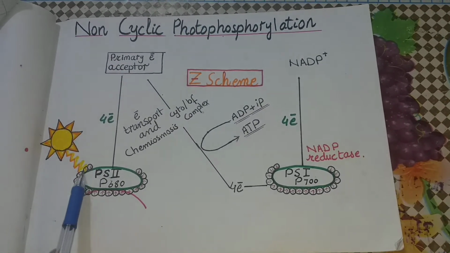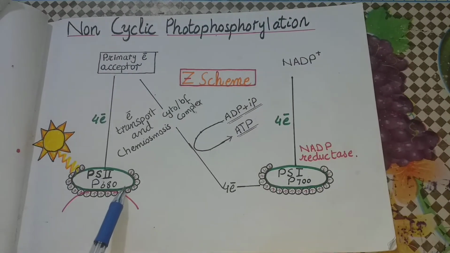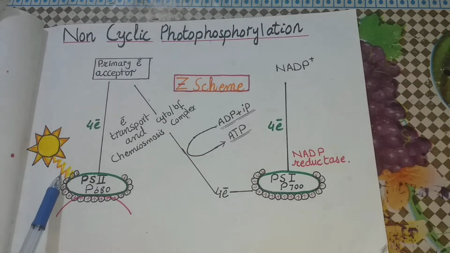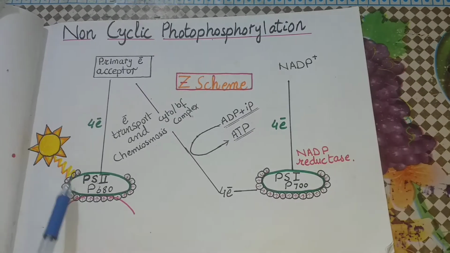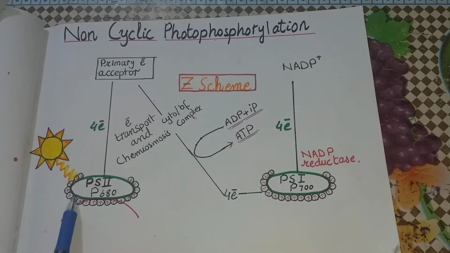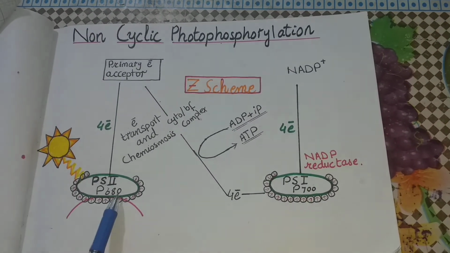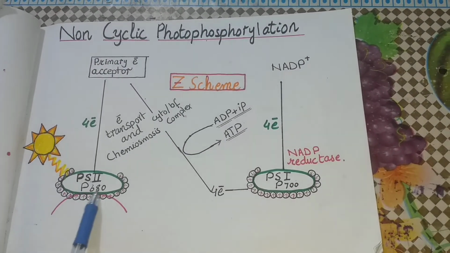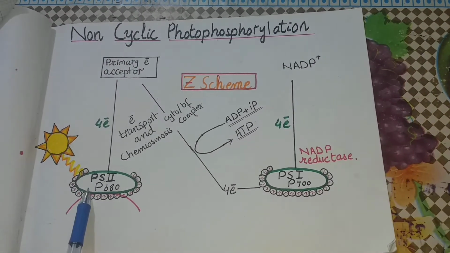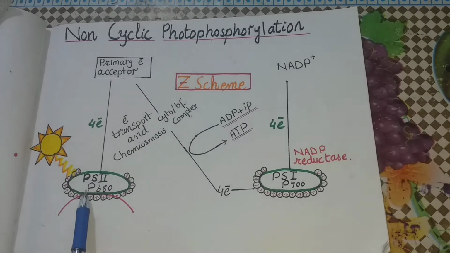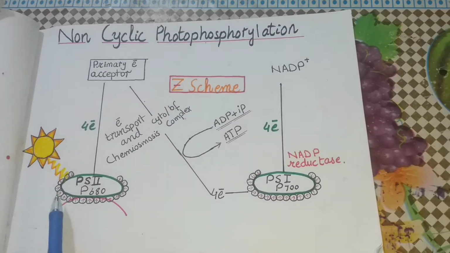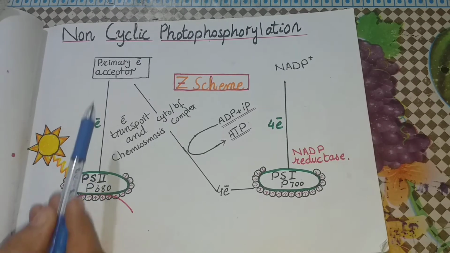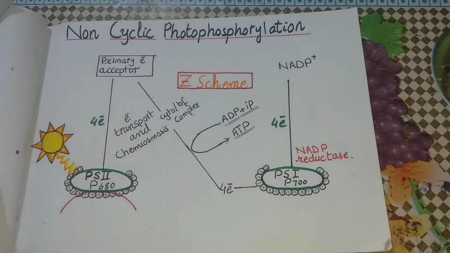Listen again: these associated molecules of chlorophyll absorb energy and transfer it to P680, where electrons are present. After absorbing energy, they become more activated and change from ground state to excited state.